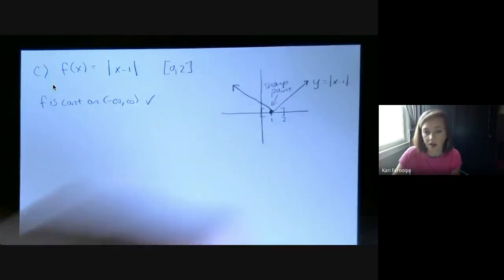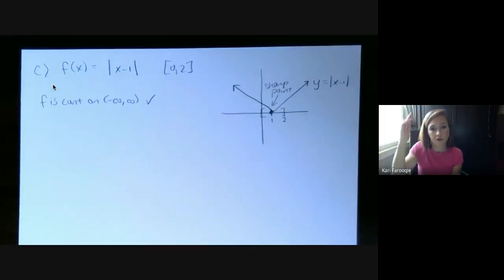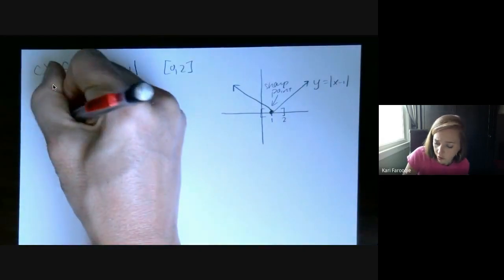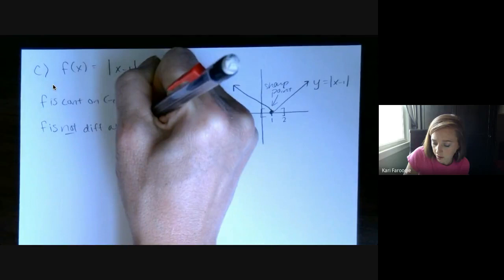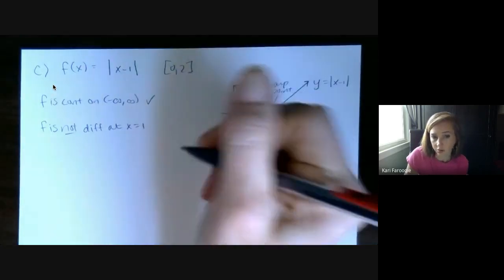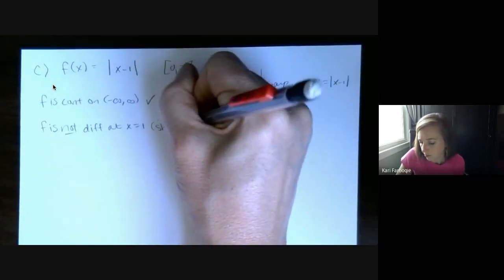Remember that we cannot take a derivative at a sharp point. The derivative will not exist. If you want to show the derivative does not exist, that's fine. You can go through that limit process to show that. It's not necessary, though. All you have to know is that there is a sharp point there, and because there is a sharp point, your function is not differentiable. F is not differentiable at x equals 1 because it has the sharp point.